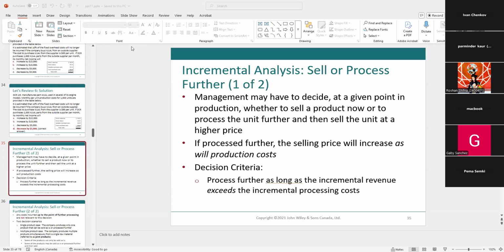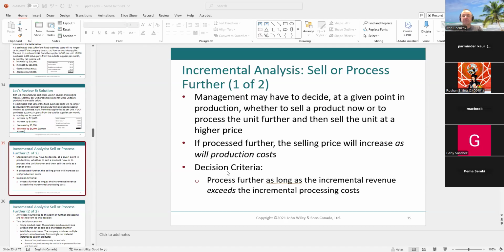Make sense? That's a very simple thing. So if it's processed further, the selling price will increase, obviously, but production costs are also going to increase. The decision criterion is: process further as long as the incremental revenue exceeds the incremental cost.